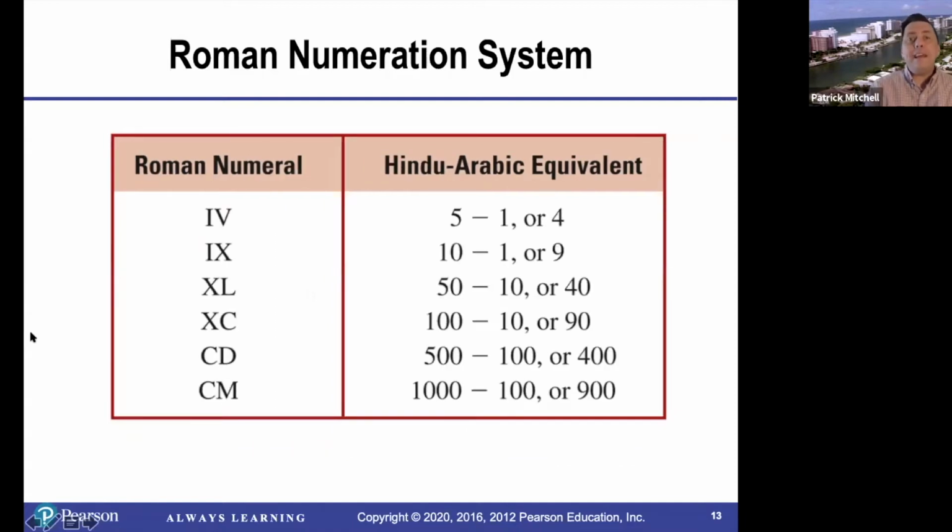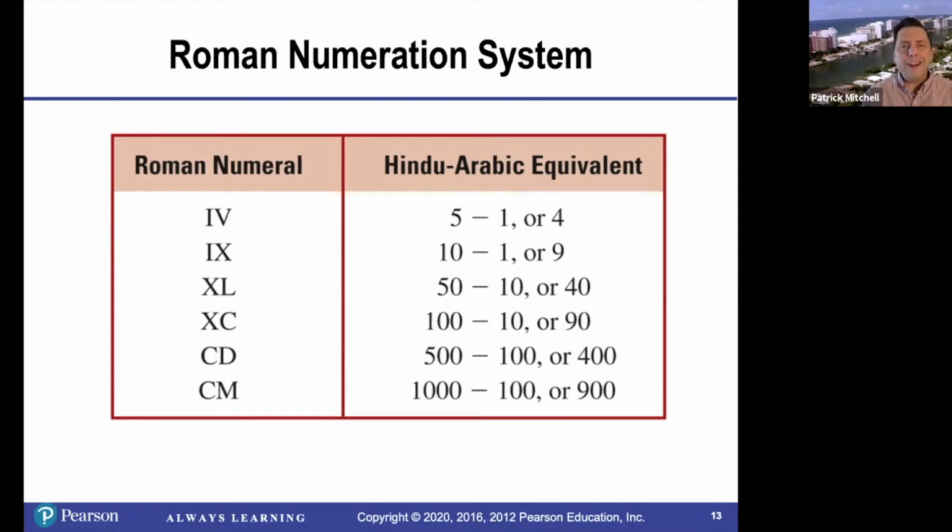Now, what's unique about the Roman system is that they had this kind of subtractive thing going on, where, for example, instead of writing the number 4 with 4 letter I's, they would just put a letter I before a letter V. And they understood that when you saw a symbol for a smaller number before the symbol for a larger number, that meant subtract the smaller number from the larger number.